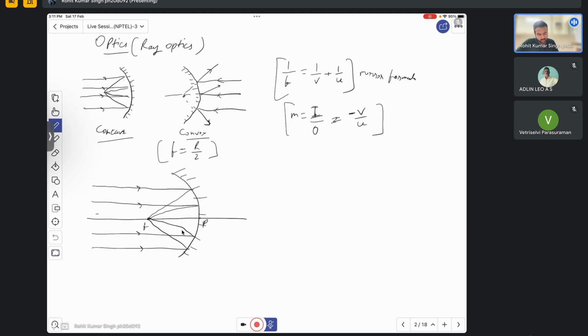This point is called the focus, and from the pole to the focus is the focal length. In the case of the concave mirror, the image is always real and inverted.